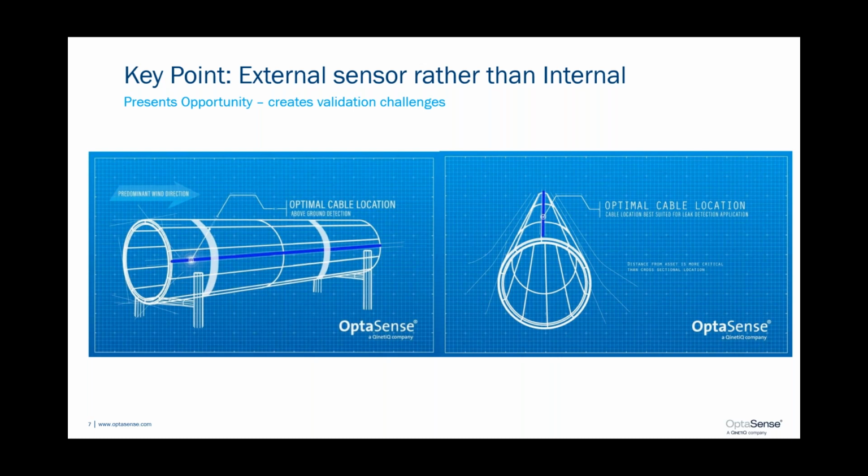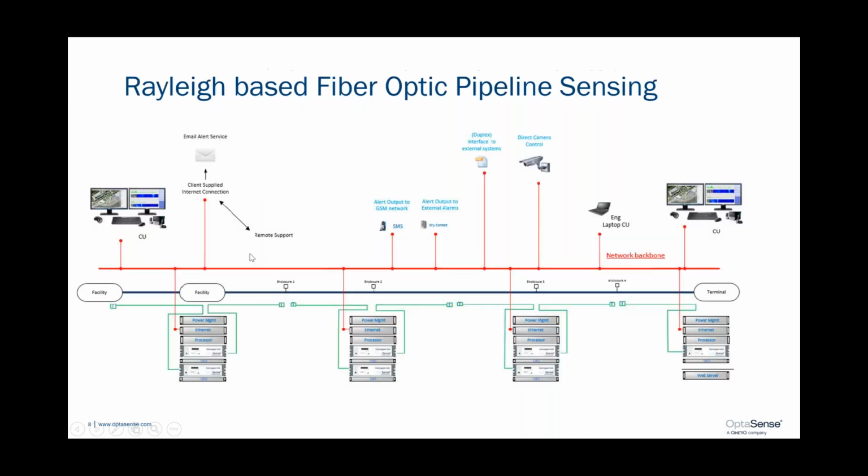Place it on the opposite side of the pipe from the prevailing wind direction. For a buried pipeline, the orientation is not so important. It tends to be governed more by what is easy to access. What affects the performance most is how far away from the pipeline it is. Closer to the pipeline means being able to sense smaller leaks.